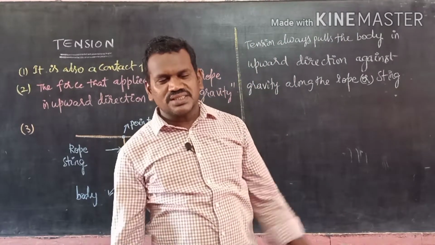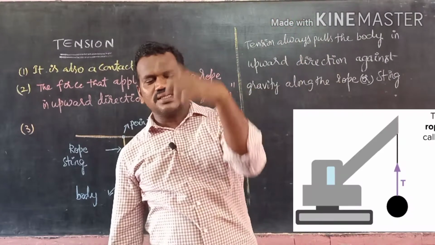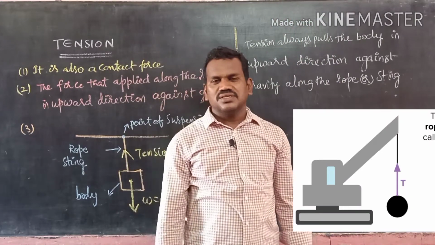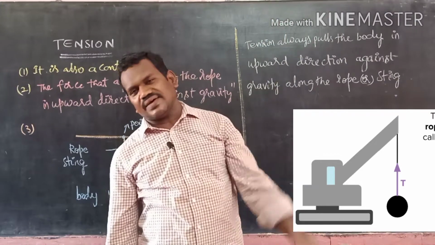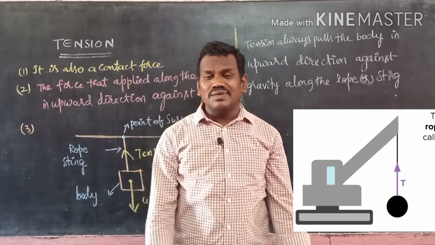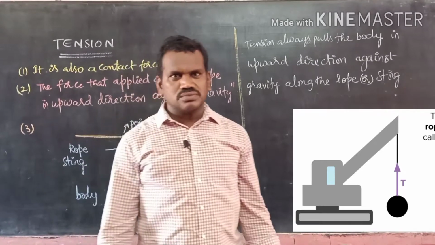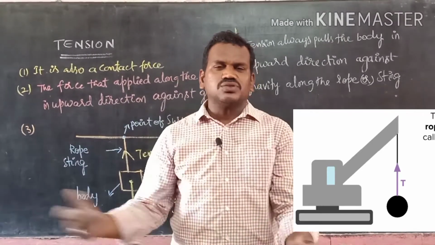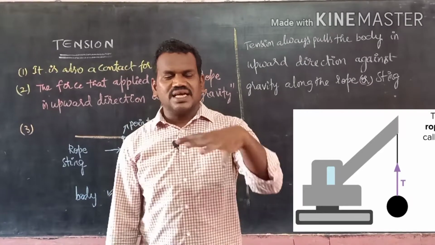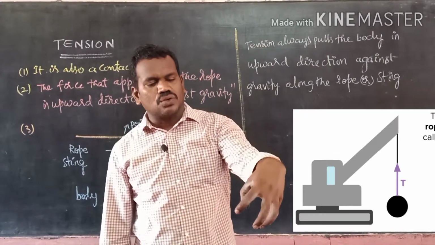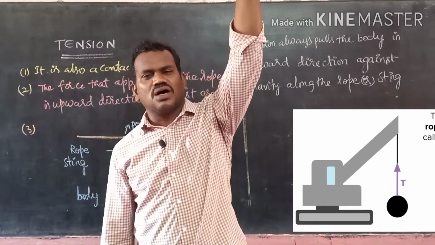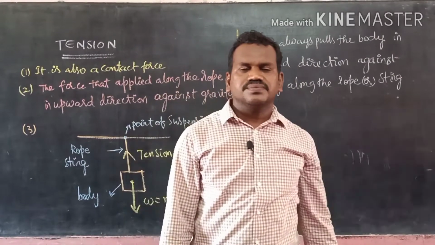Or a crane is lifting certain objects from the ground up to a certain level. How will it be lifted? It has an engine and some rope also. We tie the ropes to the objects, then the engine applies force on the rope, and the rope pulls the object in the upward direction.